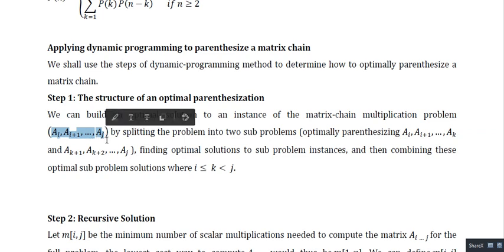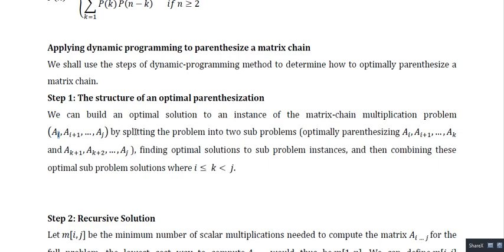If i is 2 and j is 5, it will be A2 A3 A4 A5. For this sequence I can parenthesize at any position, at position 4 or at position 3. Let's say the optimal position of the parenthesization is at point k.